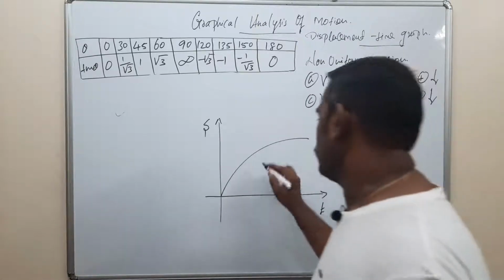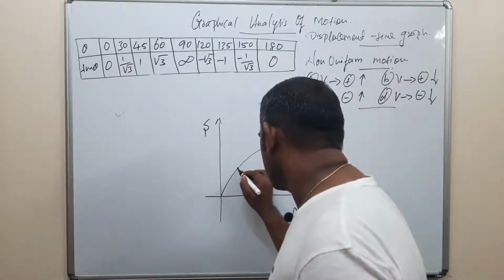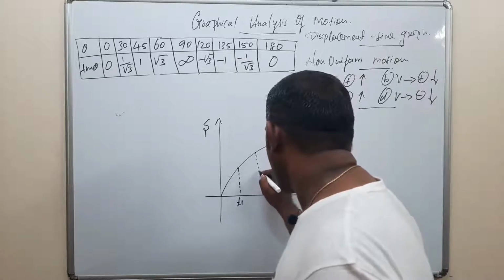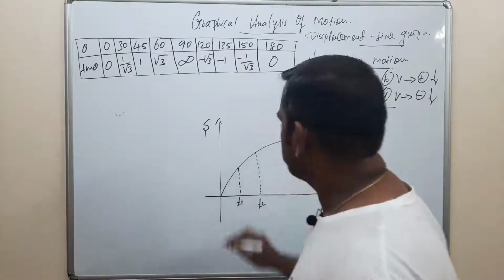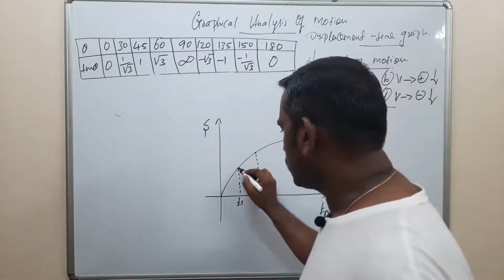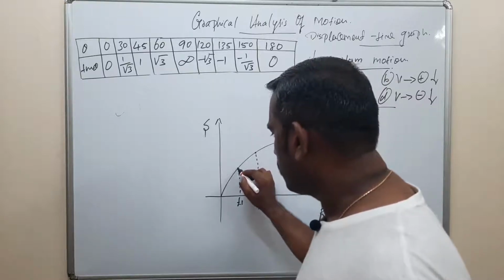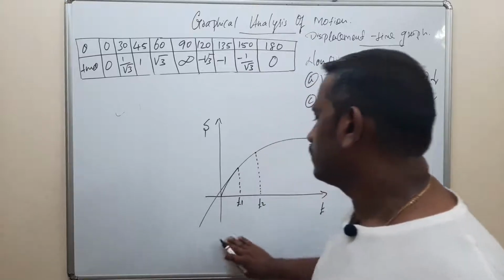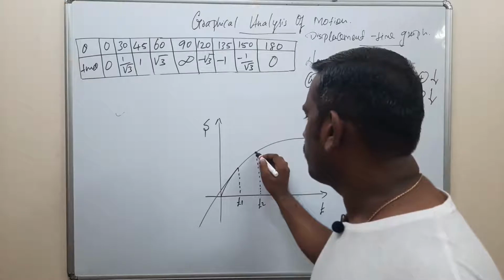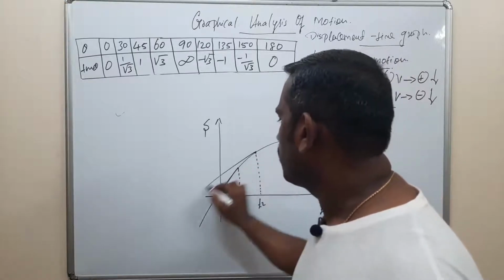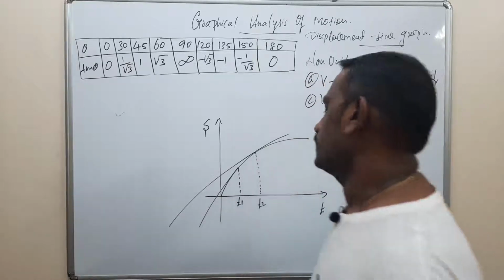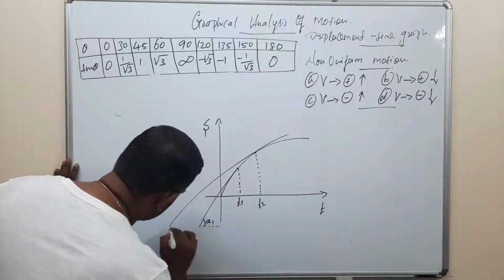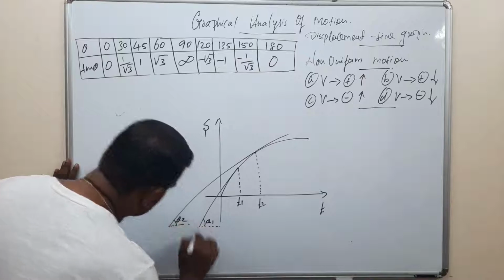This is the curve, with points t1 and t2, and angles theta 1 and theta 2.